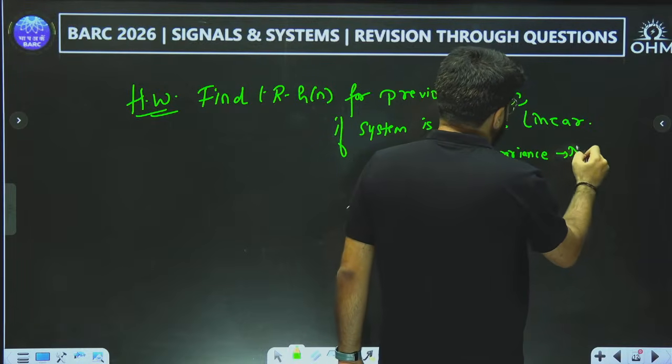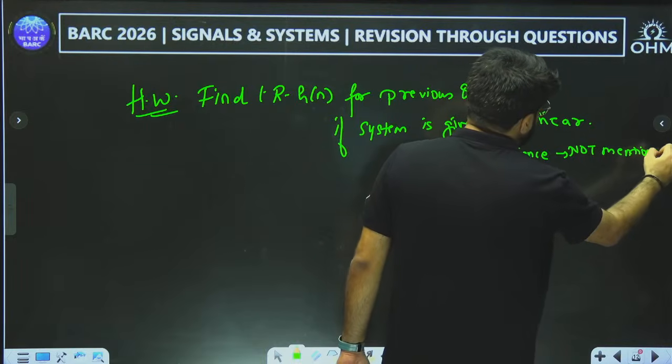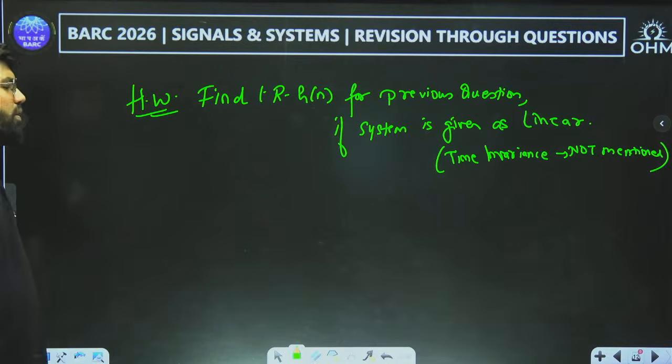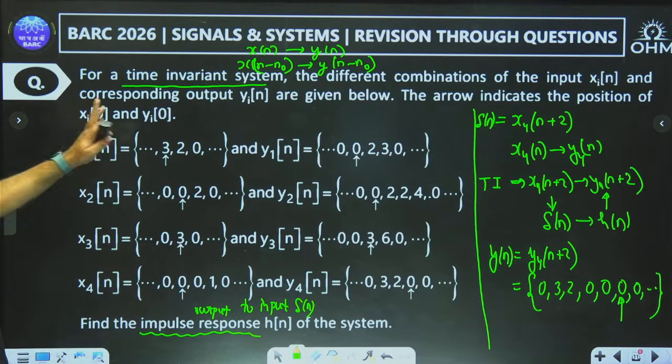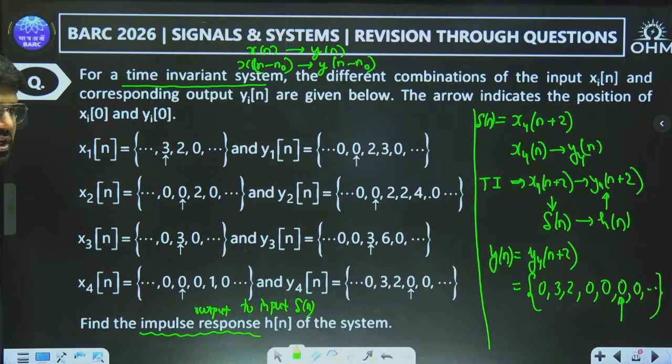Time invariance, suppose not mentioned, you forget the time invariance. If the system was only linear, then what is the impulse response for the previous data? Please try it. I already gave you the hint. You can watch the video 2-3 minutes back. I told you about this x3 combination. That will help you.